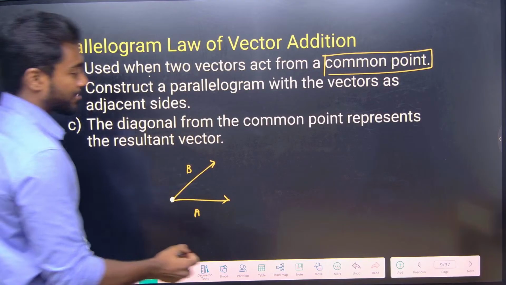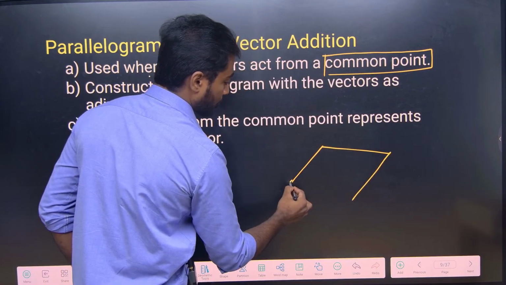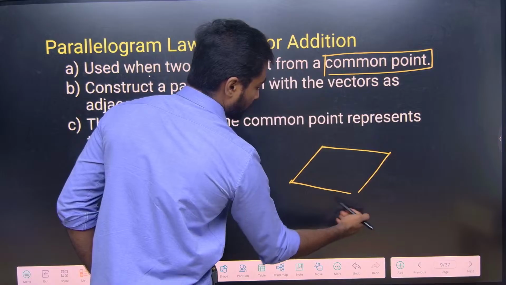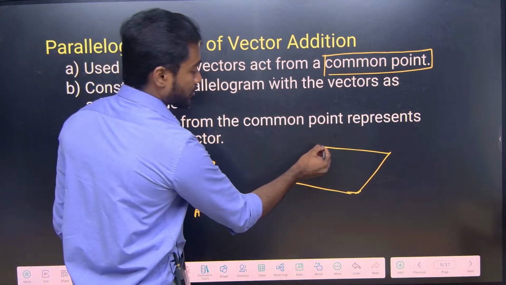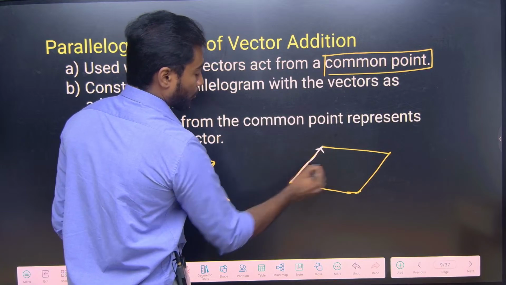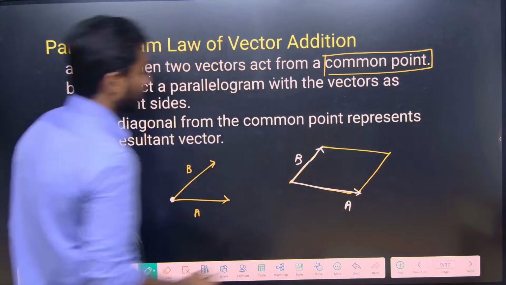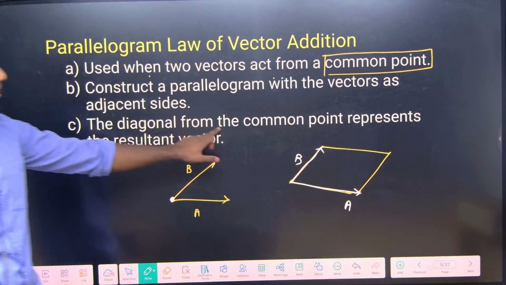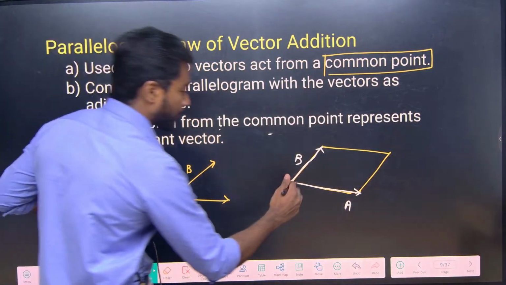This is my parallelogram, this is my vector B and this is my vector A, and the diagonal from the common point represents the resultant vector.